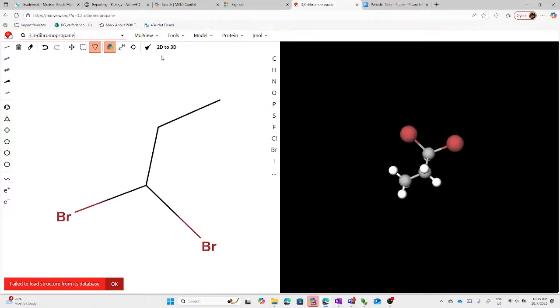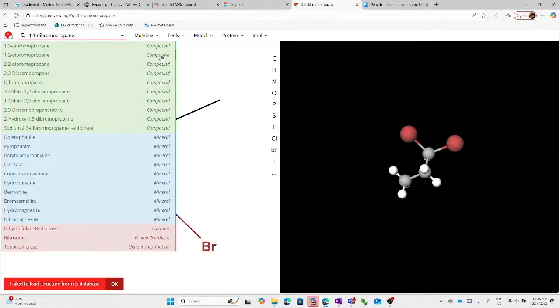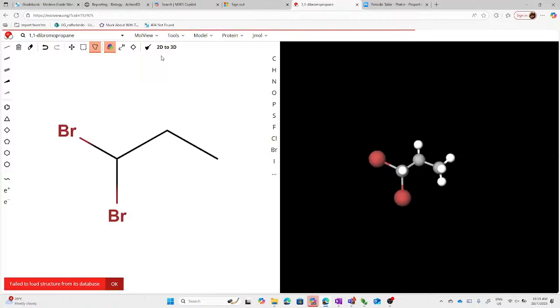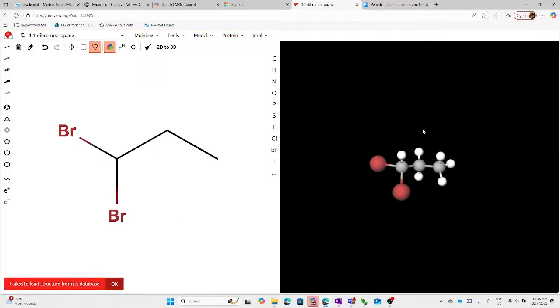But the better name is 1, 1. To be clear, when we make 1, 1, you know what structure we're going to get? The exact same structure. Does that make sense? It's not actually any different. It looks precisely the same because it's just a worse name versus a better name. Does that make sense? Cool.